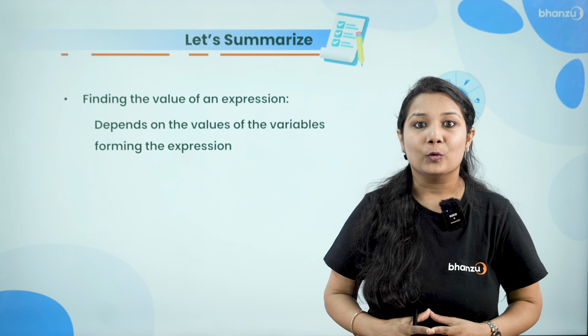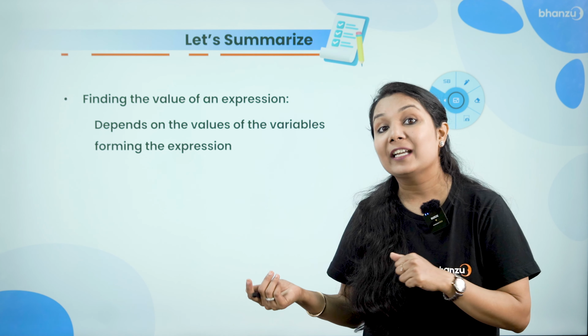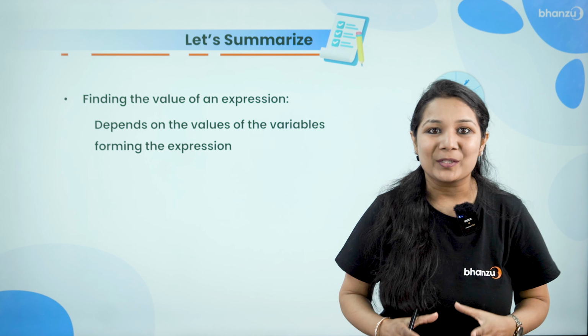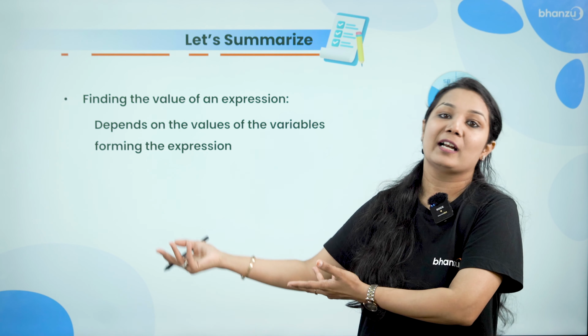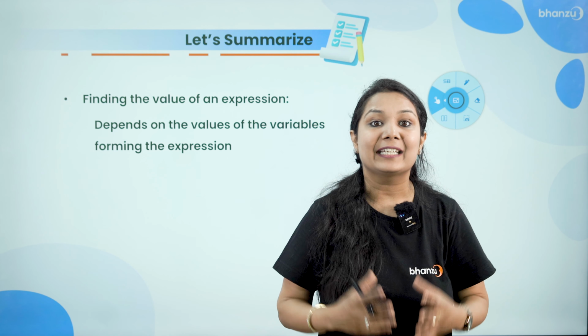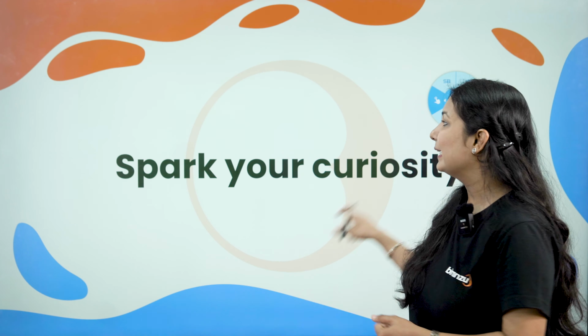And for more variables, you can find it out for an expression having three variables also. Just substitute the values of all three variables and you get your answer, and it keeps on going like this. So keep practicing and keep exploring such questions until we meet next.